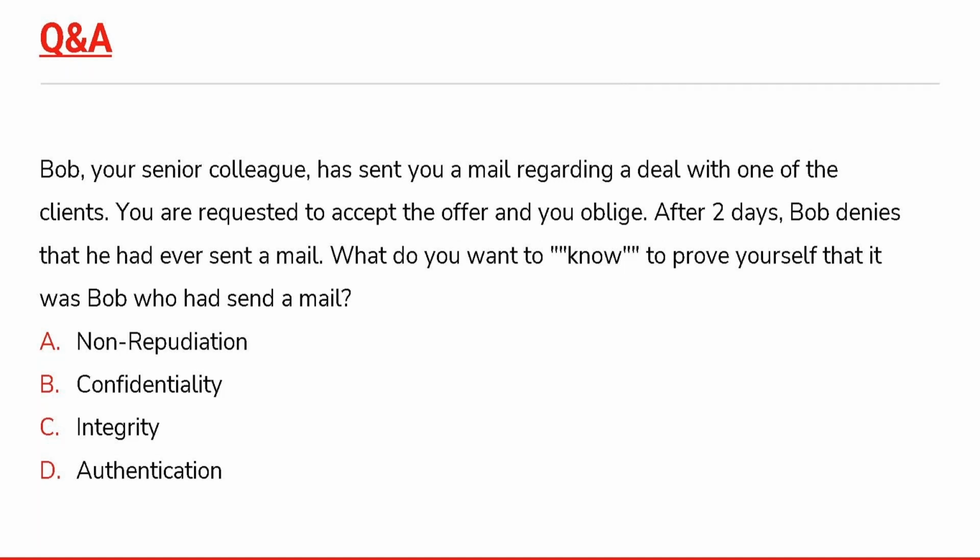For that, we will be using encryption, access control, and steganography. So for that, we are having confidentiality, right?